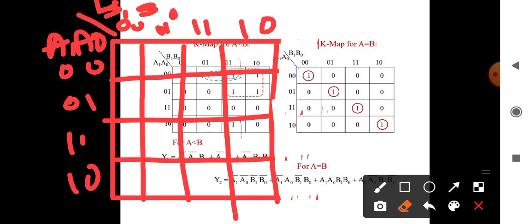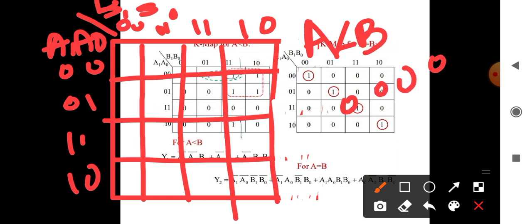Now we map the numbers for A is less than B. For 0000 it is 0, since that is not the case.